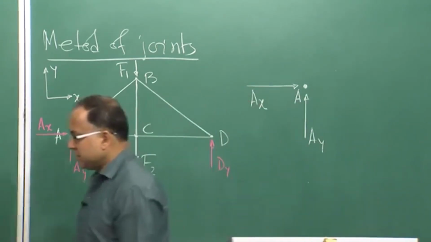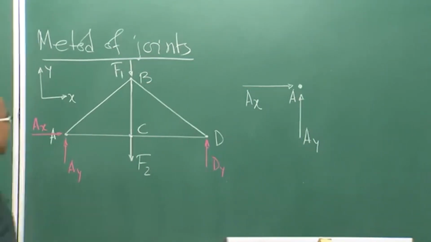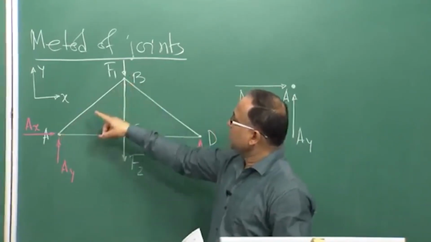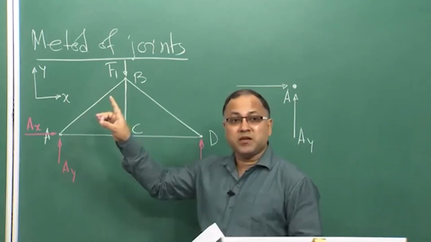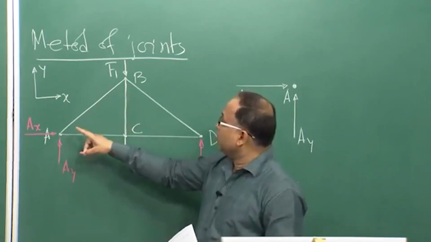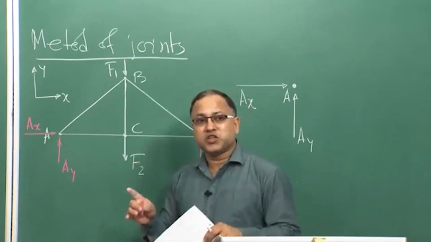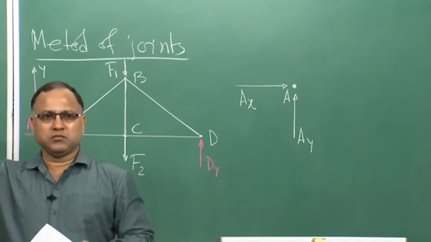So, let us draw that thing in a different color. So, unknown is the member force, because AB is a member, and already we have decided that all the members are 2 force members. So, therefore, the line of action of the member force will be along the axis of the member, there is no doubt.